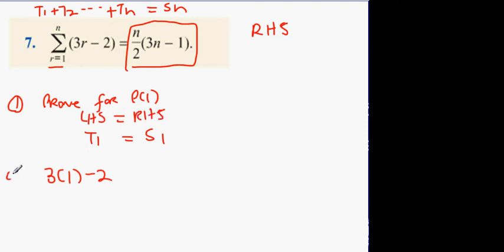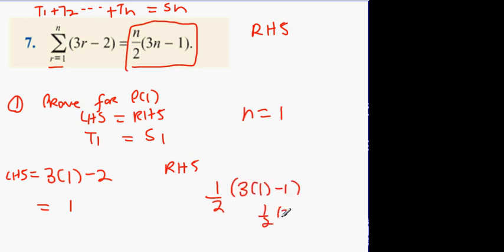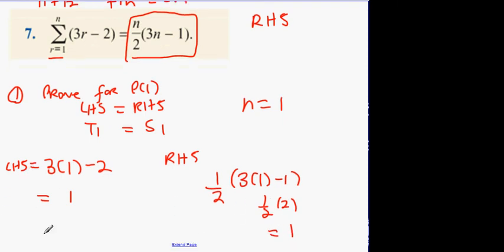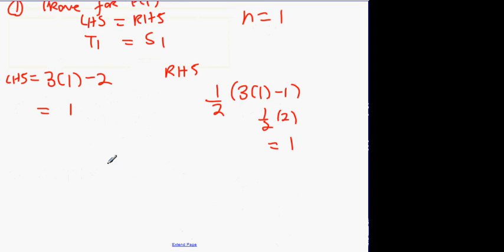So the left hand side is 3 times 1 minus 2, which is going to be 1. The right hand side is therefore equal to, remember n equals 1, so it's going to be 1 over 2 times 3 times 1 minus 1, which is half of 2, equals 1. Therefore LHS equals RHS for 1. Okay, so that's step 1 done.